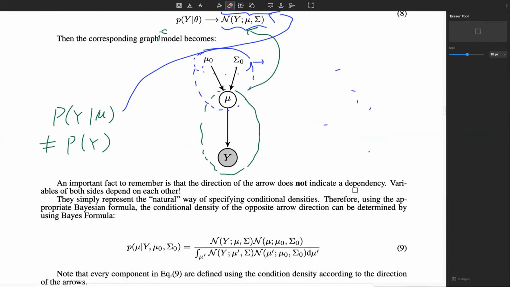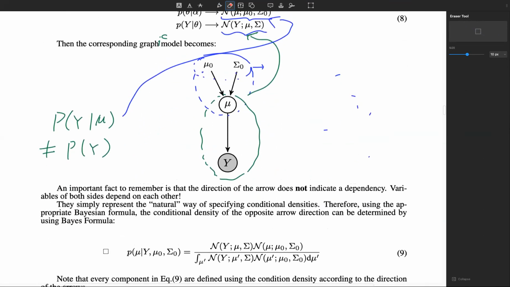Basically, this is your posterior. If you look at that using Bayesian terminology, P of mu is the prior. It may be conditional on everything else, but as far as Y is concerned, P of mu is your prior. Then you specify the conditional, and then you have your posterior.